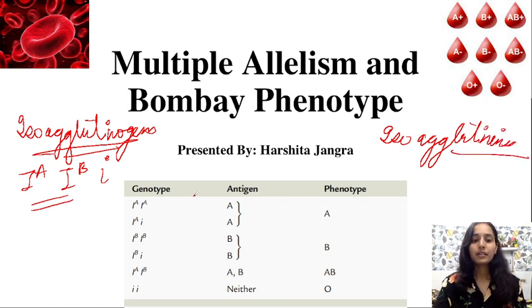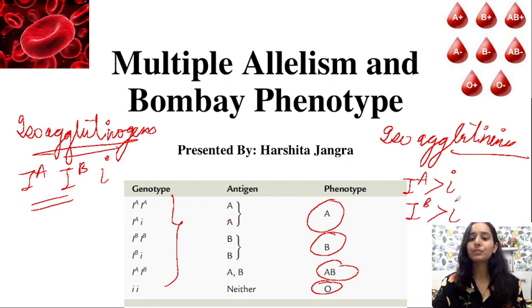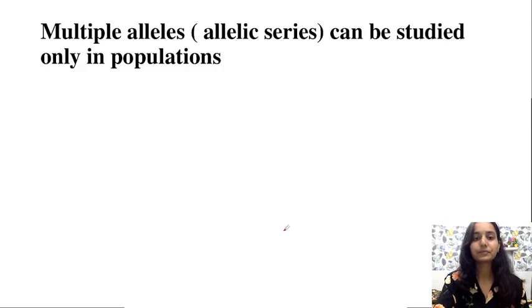The combination of different alleles gives the phenotypes A, B, AB and O. This concludes that IA is dominant over small i, IB is also dominant over small i, but when IA and IB are both present, they are codominantly expressed.